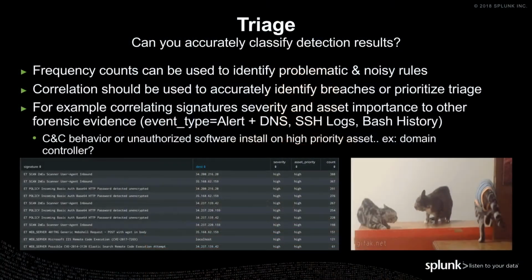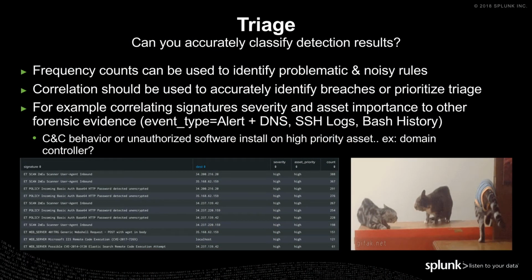For example, we can assign priority to those assets, right? If we did our due diligence in the telemetry stage, we should know whether seeing software installs or IIS-type calls coming from a domain controller is problematic. So again, these all build on top of each other and you use them to begin to build a data set for machine learning.